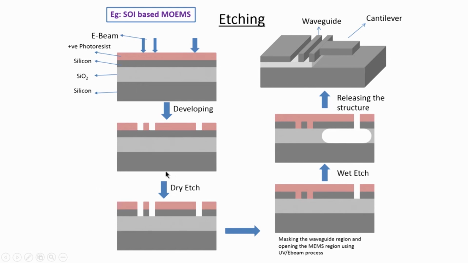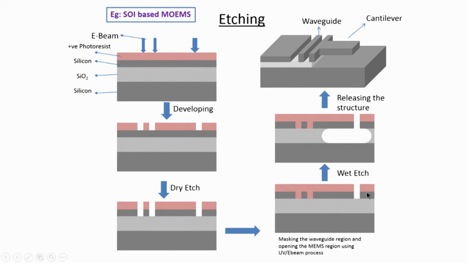The process called dry etching is used to etch out the silicon device region. This top silicon layer can be called the device region. So, the silicon of the design, the device region, can be etched out by using the dry etching process.